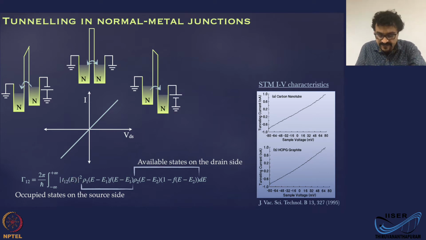The first two terms here, ρ1 and f1 combined, tell you how many states there are on the source side to donate electrons. And the last two terms tell you how many empty states there are on the drain side to accept those electrons. Multiplied by the transmission coefficient of the tunnel barrier, that gives you the tunnel rate.